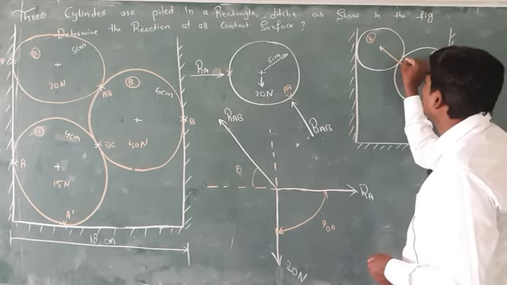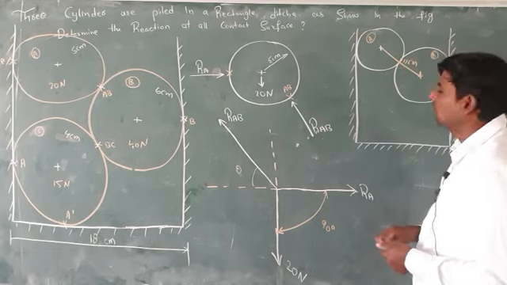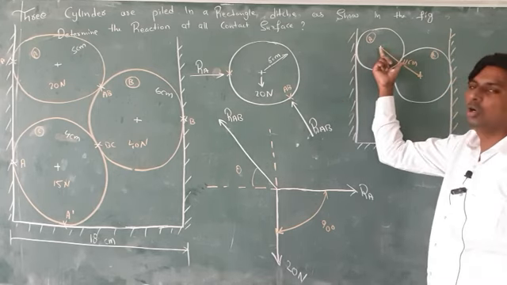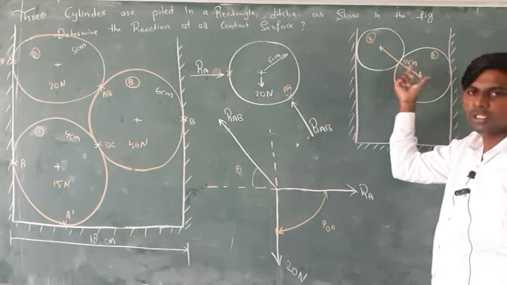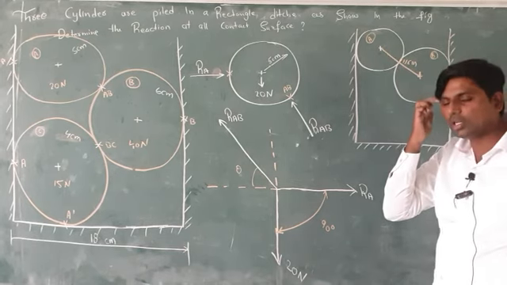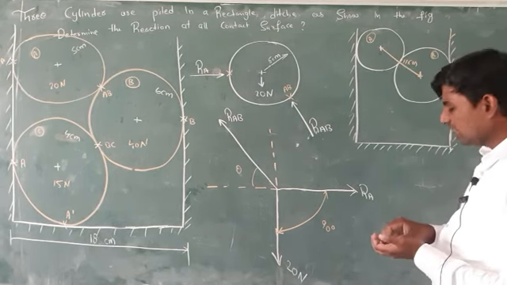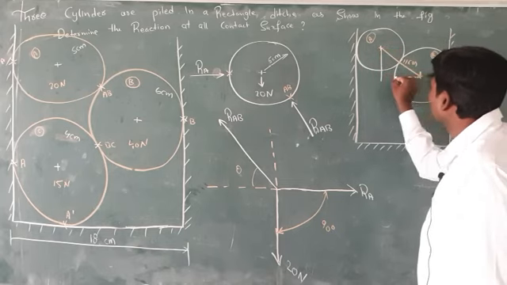Total how much will it be? 11 centimeter. For the first sphere, the radius is 5 centimeter, for the second sphere the radius is 6 centimeter. 5 plus 6 is equal to 11 centimeter.